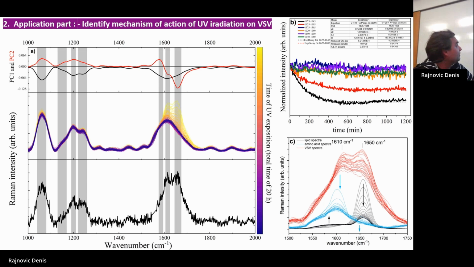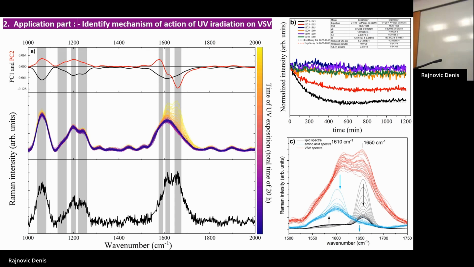Spectra was collected every 5 minutes. You can see there is a decrease, especially in the 1650 band, which I maybe forgot to stress more, which is related to the viral envelope, and 1610 that is related to the protein and RNA part of the virus. This was easily identified by eye.